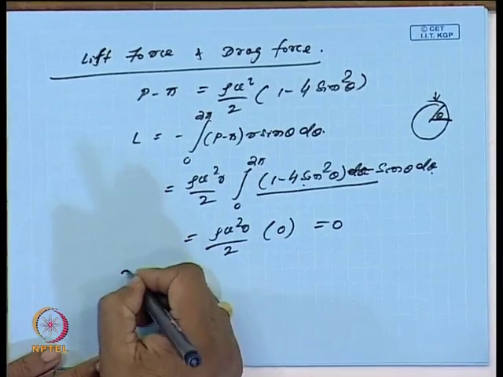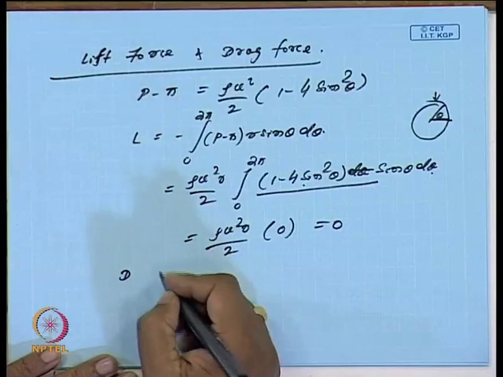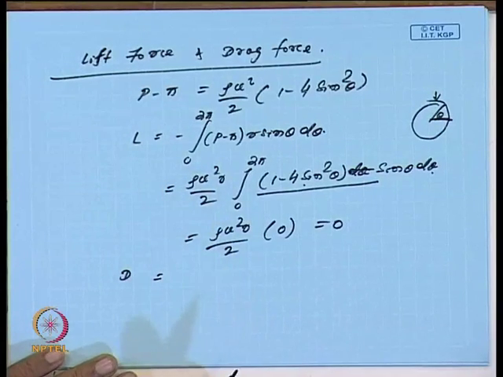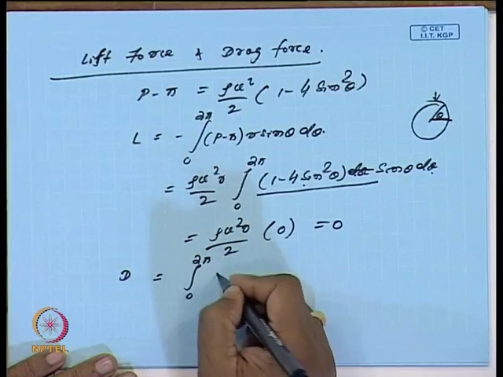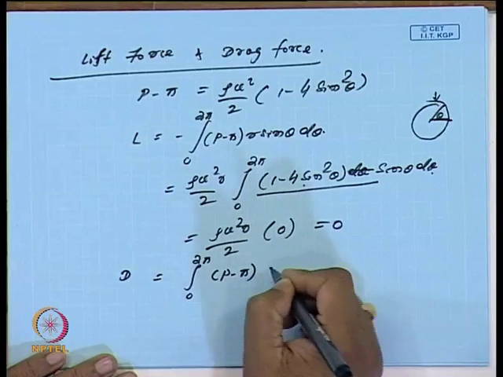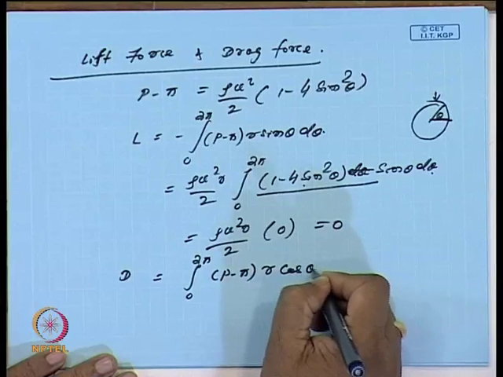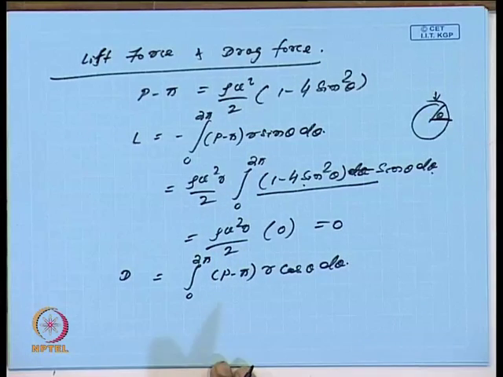This is the force in the vertical direction. In a similar manner, we will calculate the drag force, D, which is the integral 0 to 2 pi of p minus pi into r cos theta d theta.